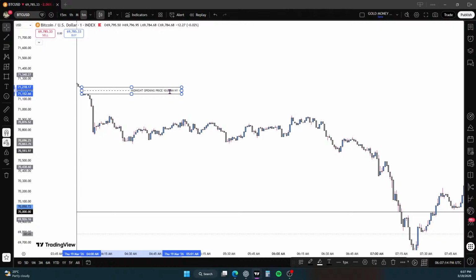Oh, it says here midnight opening price anyway. So 12 a.m. in New York, and then it's 4 a.m. in London. Sorry, I can't type because for some reason I'm looking at both at the same time.